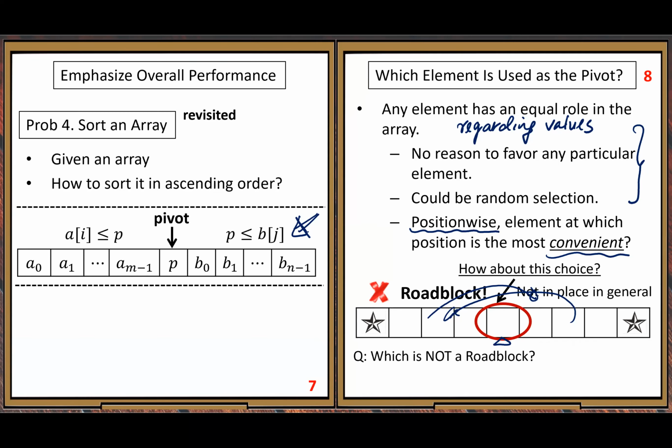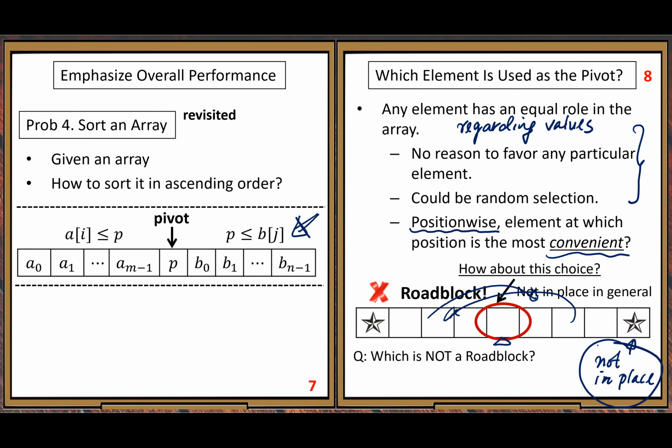So we should choose one of these two locations as our temporary pivot location. Think about this word temporary. Why temporary? Because if we use this as the pivot location, it is not in place, temporarily not in place.